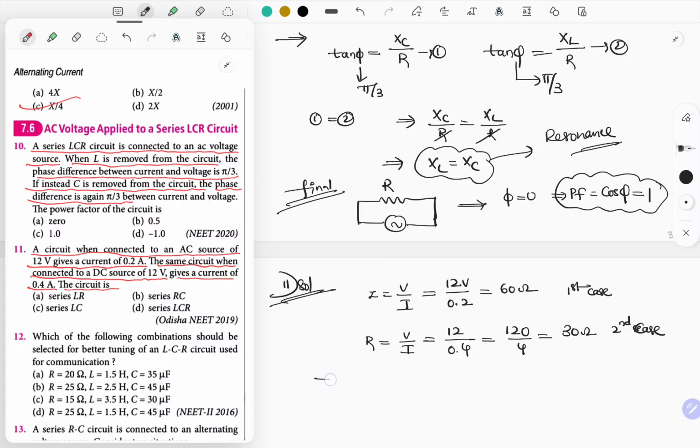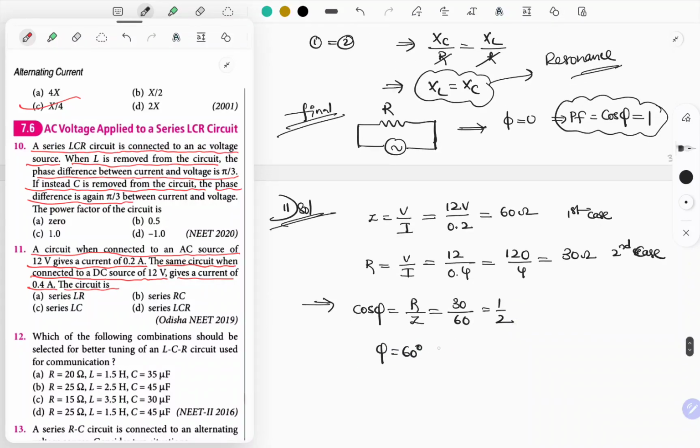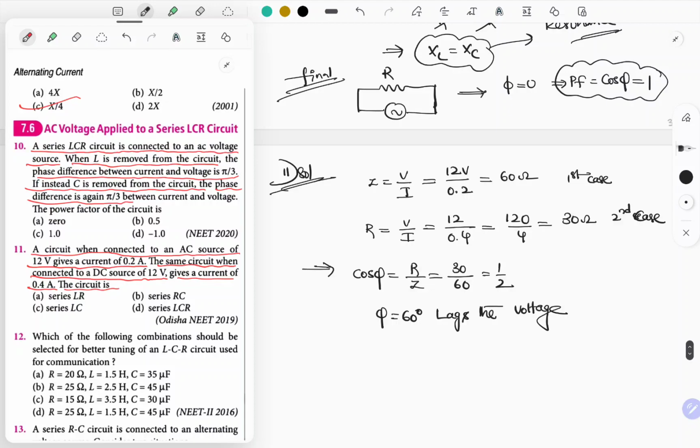Now how do we find the power factor? The power factor formula is cos phi equal to R by Z, where R is 30 and Z is 60, which is equal to 1 by 2. Then phi is equal to 60 degrees, so the current lags the voltage by 60 degrees.